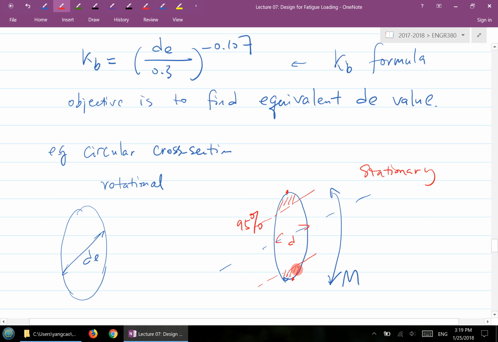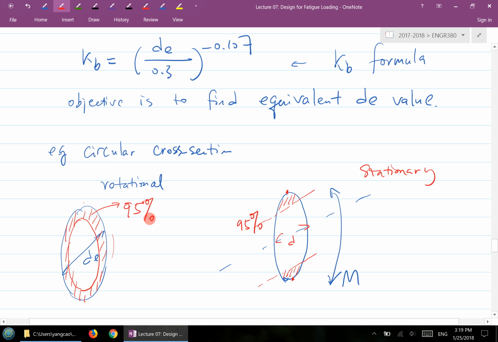But when it's rotating, everywhere around the edge will experience the maximum, because it's rotating. So 95% means you look at a circle, and within that region, this is 95%.